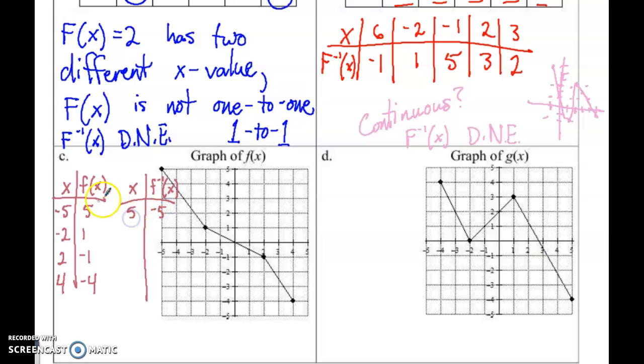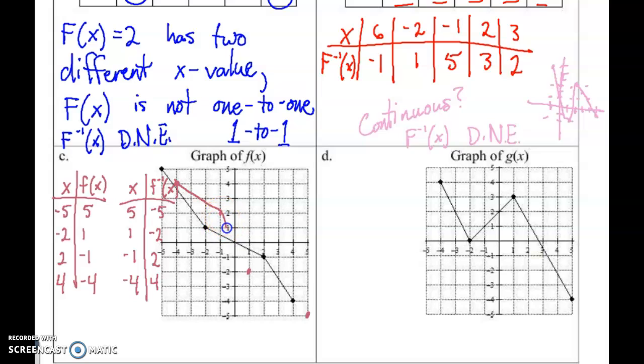And what was the y-coordinate becomes the x-coordinate. So this ordered pair would be 5, -5. Then this one would be 1, -2. Let's see, -1, 2. And then -4, 4. Sorry, it kind of got messy there. But we could connect those dots.